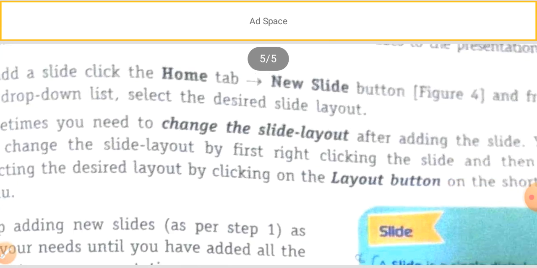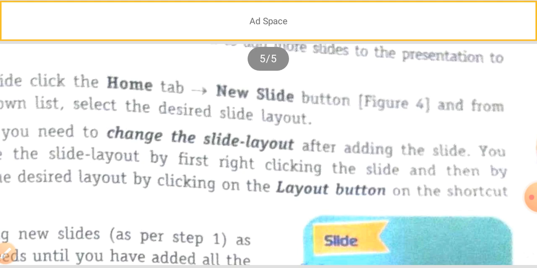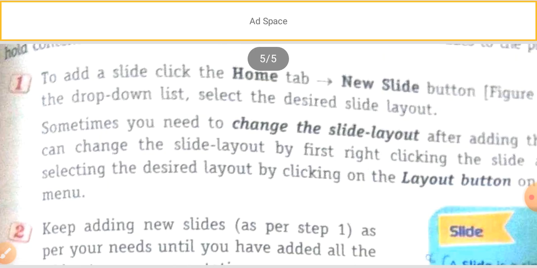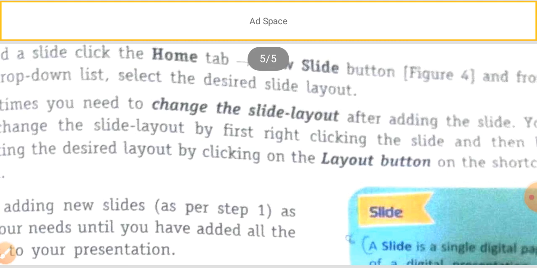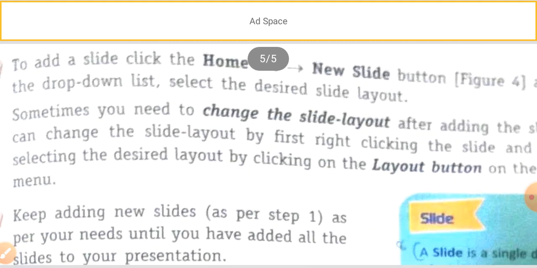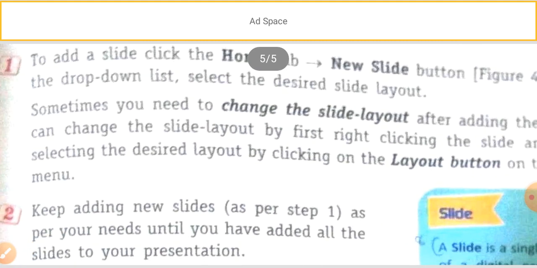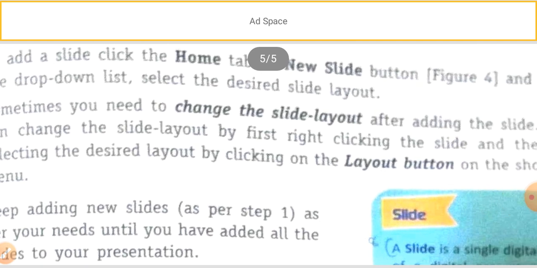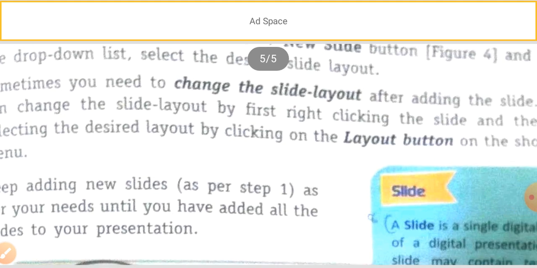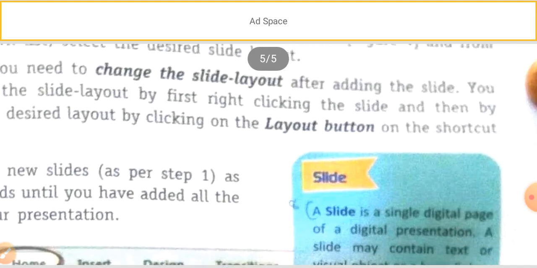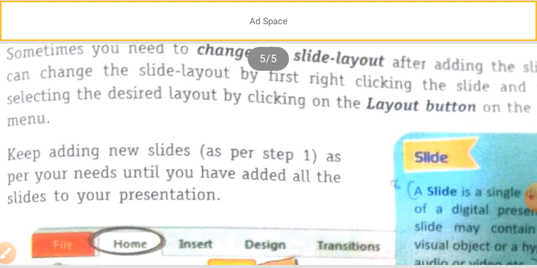The New Slide button is shown in figure 4, and from the drop-down list, select the slide you need. Sometimes you need to change the slide layout after adding the slide, by right-clicking the slide and selecting the desired layout from the shortcut menu.